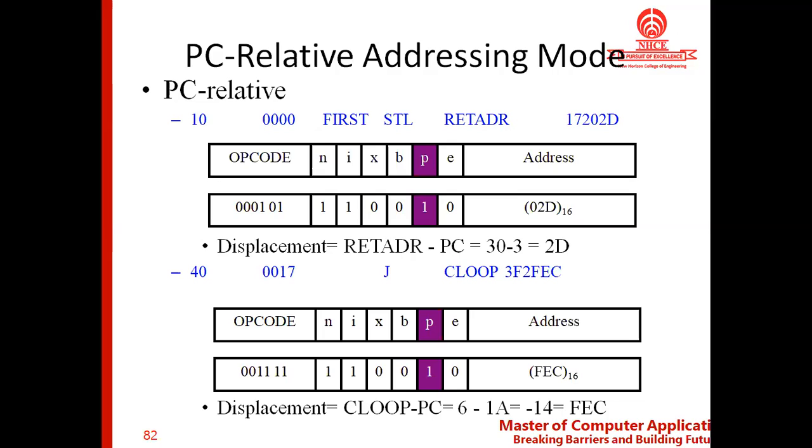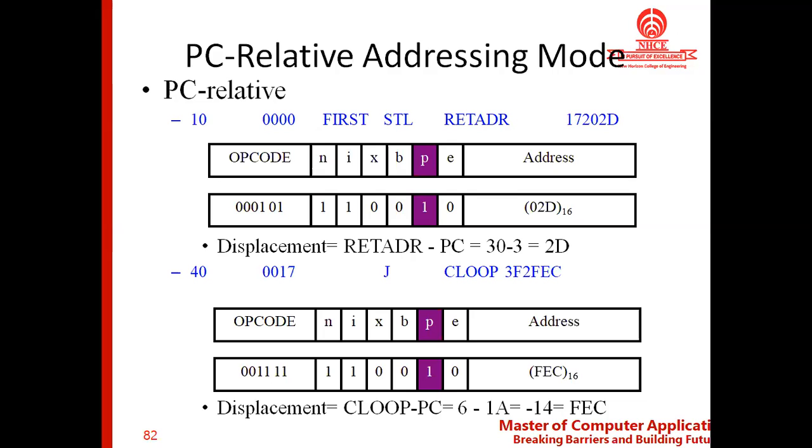Taking line number 40, we have the instruction J C loop, and as you could see, this is the same as the previous example. It has to follow instruction format 3, so it is relative addressing. Since it is not using any index register, it follows the PC relative addressing mode.